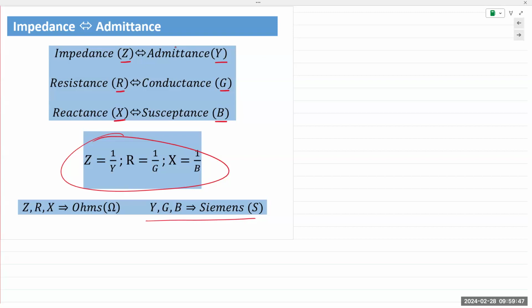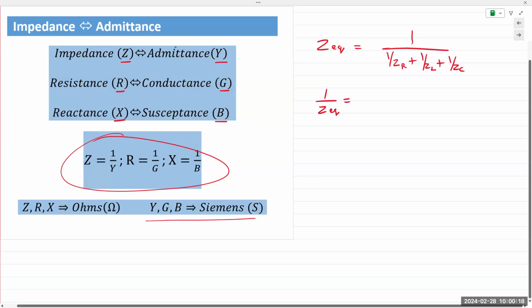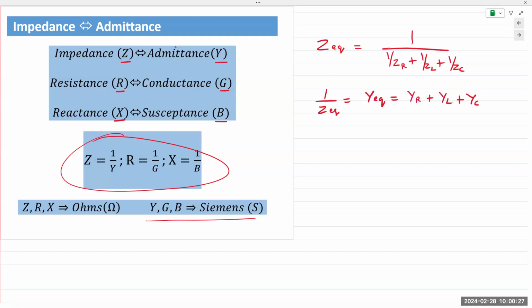Anyway, you would see this in the lab where we have a parallel circuit, and it's easier when you have reciprocals because you simply add them up. If you have a parallel circuit and you're trying to add up the impedances, ZEQ for parallel would be 1 over ZR plus 1 over ZL plus 1 over ZC. If you already have the reciprocals, you know that 1 over ZEQ would be YEQ, admittance, and it would simply become YR plus YL plus YC.